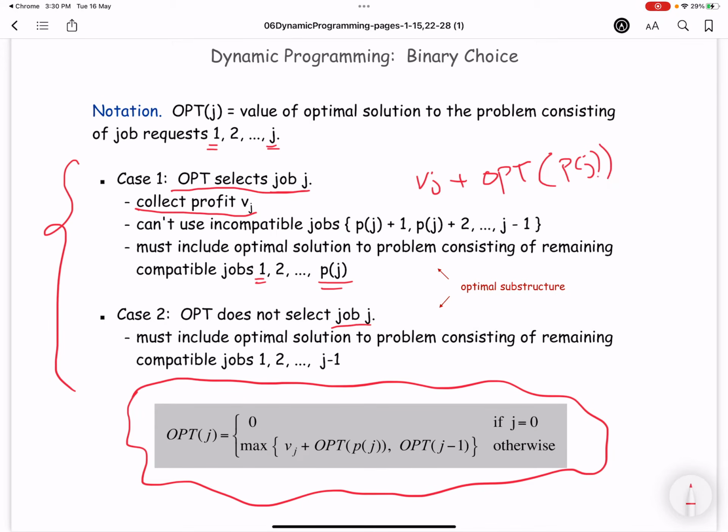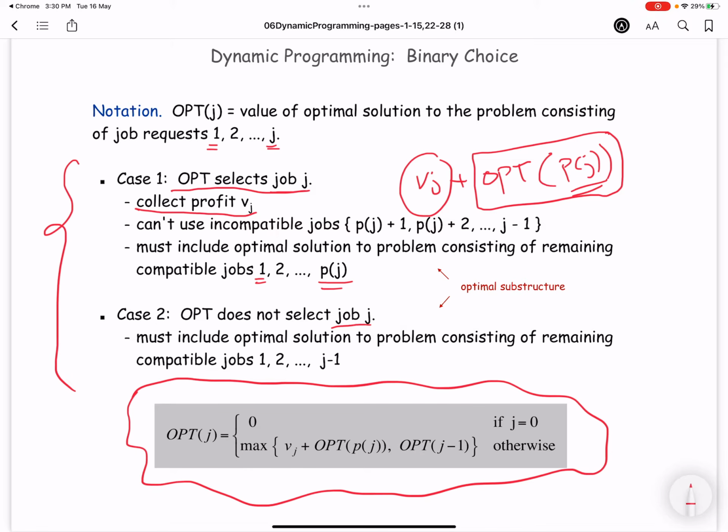Why Bj? Because Bj tells me which previous jobs are not contradicting with J.